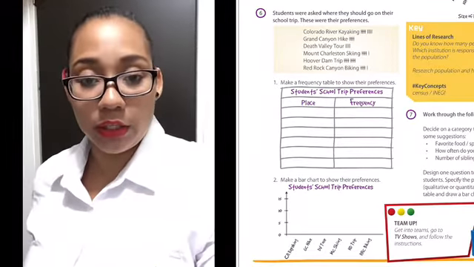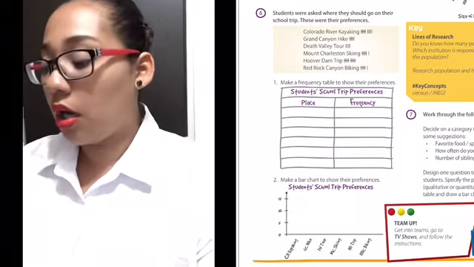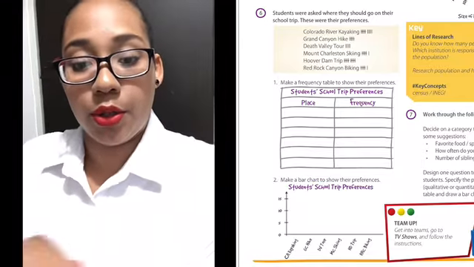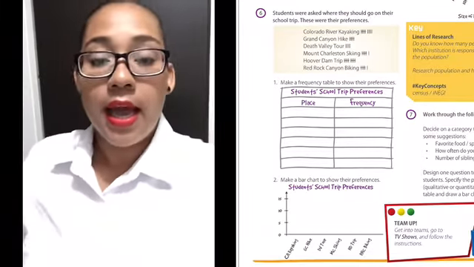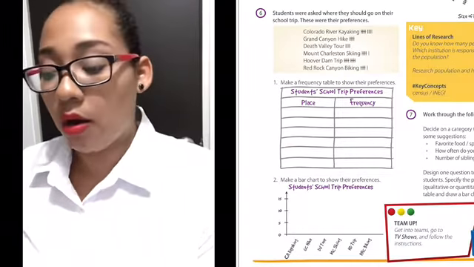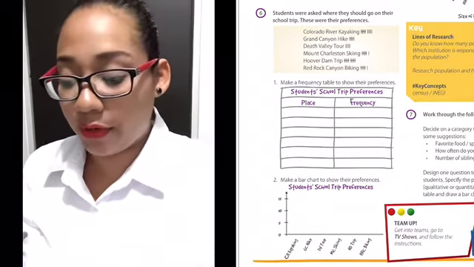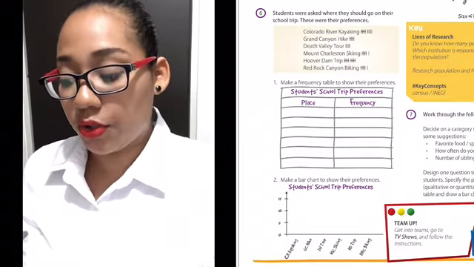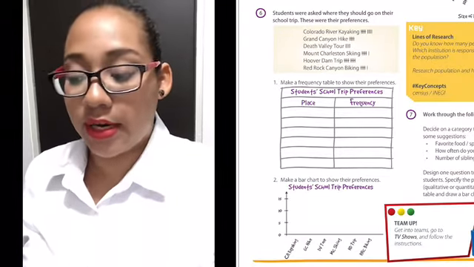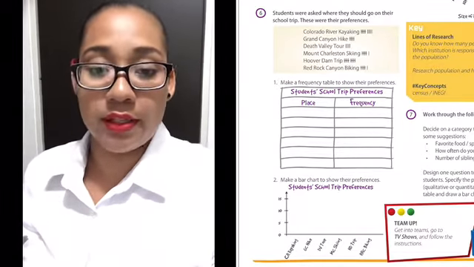Now on the bottom part of this activity, you have to use that table that you see right there, and if you don't have it, then you create it. You create the table, and you have to make a frequency table to show their preference. How? You start by writing the title, frequency table to show student school trip preference. You write the place, like Colorado River, the Grand Canyon, etc. Those are the places that the students from a specific school visit.